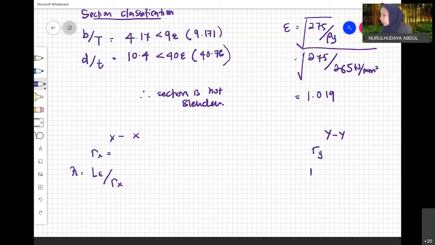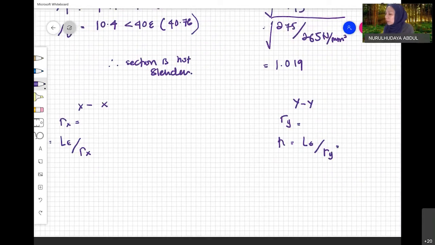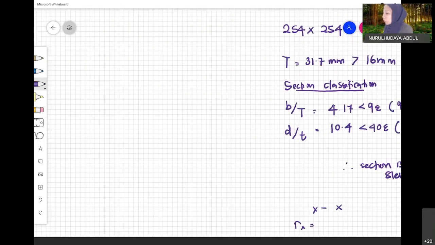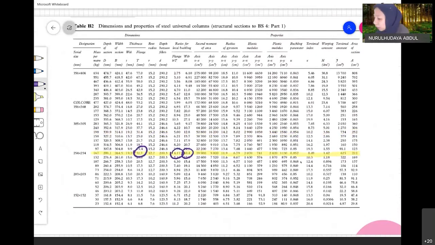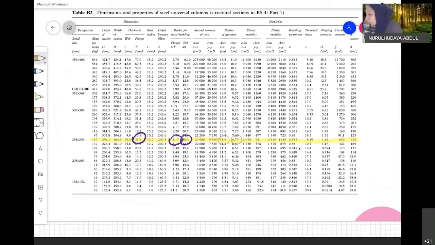And slenderness ratio LE divide by Ry. We can find the radius of gyration by referring to the properties of section for UC. Universal column. So kita tengok radius of gyration. So here you have the radius of gyration. Radius of gyration for X is 11.9 and radius of gyration for YY is 6.79.